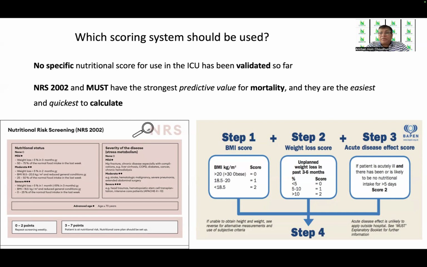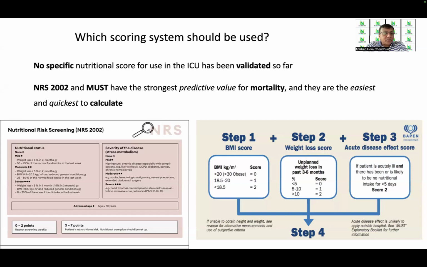Although the Nutritional Risk Assessment in Critically Ill, or the NUTRIC score, has also been advocated, when compared for predictive value, the NRS 2002 and the MUST have been found to have the strongest predictive value.